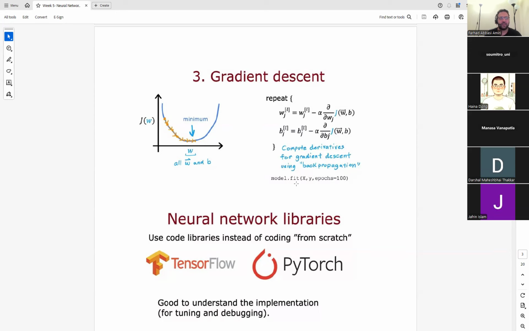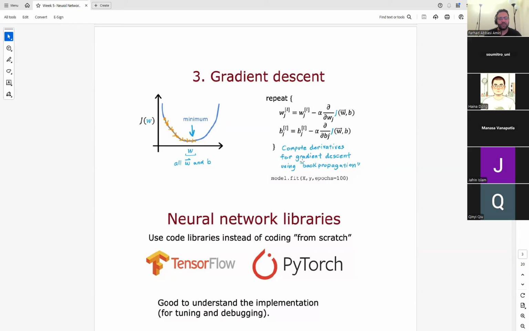And then after that, when you fit your model on X and Y, you actually activate these two lines. When you fit your neural network model on the training data set X and Y with 100 iterations, it means you're activating these two lines for updating W and B. It updates W and B 100 times because the epochs is 100.